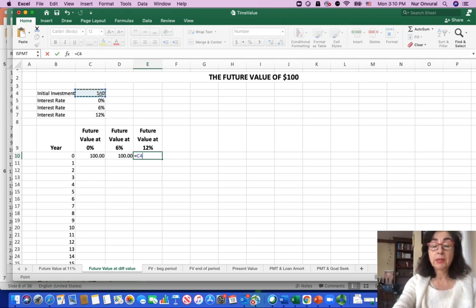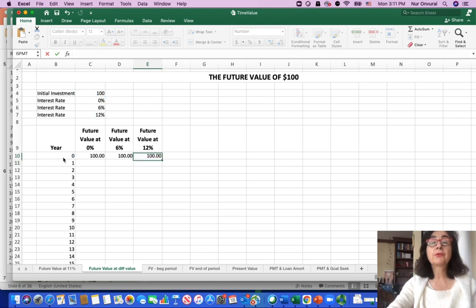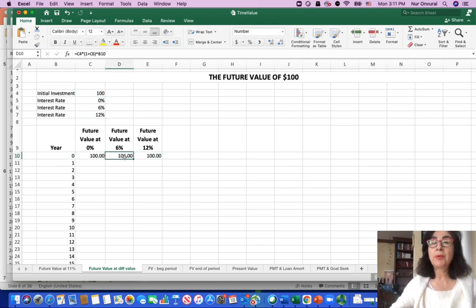and then it's 100 times 1 plus 12%, but again, keep in mind that I'm not really entering the values, but I am entering cell numbers to make sure that I can copy my formulas down.